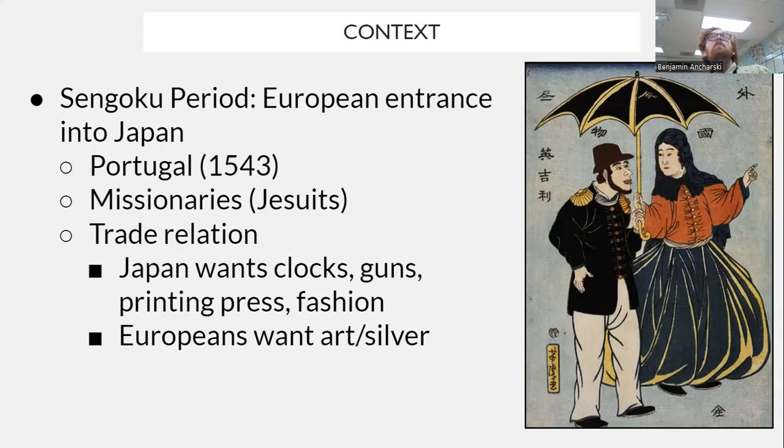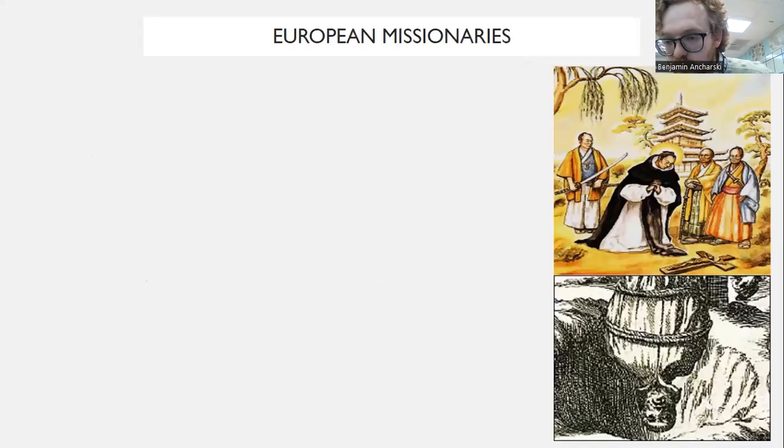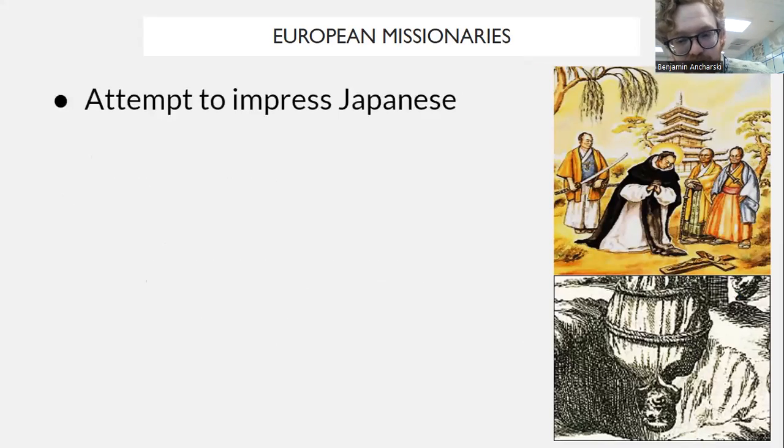That's great. But if they can also get it from Japan, even better, even closer to China, actually. So there is going to be, at first, a European presence in Japan, especially not only through merchants, but missionaries as well. But as you can guess in these images right here, that's going to change.